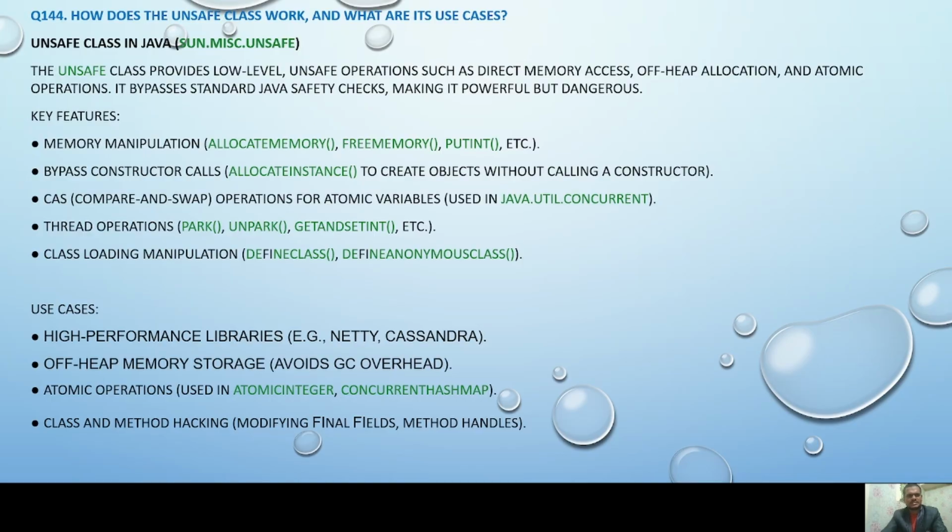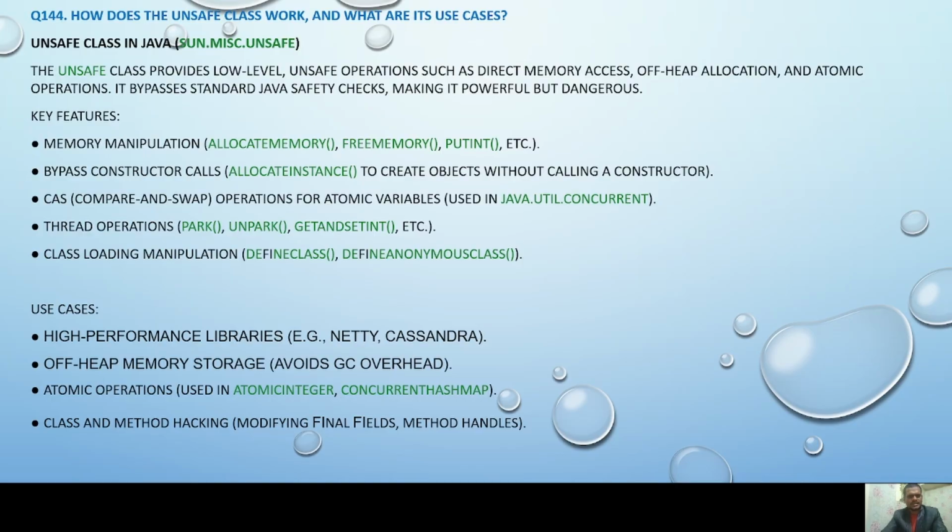It bypasses standard Java safety checks, making it powerful but dangerous. Key features: memory manipulation, allocate memory, free memory, putInt, etc. Bypass constructor calls: allocateInstance creates objects without calling a constructor.